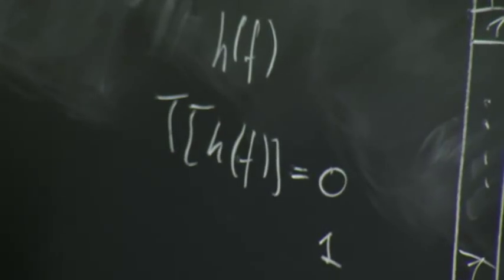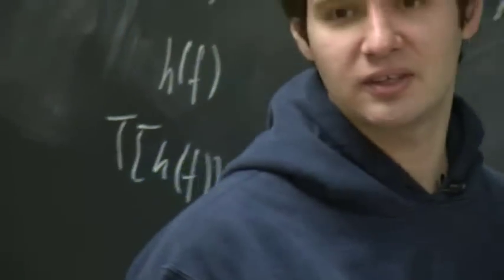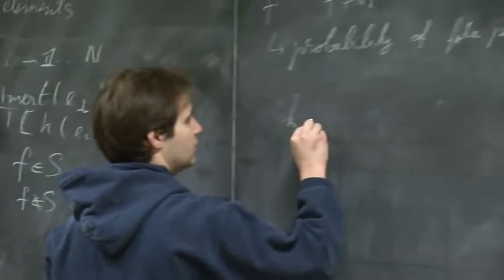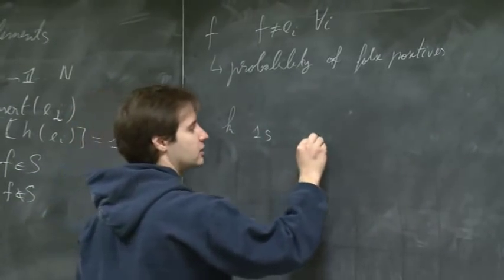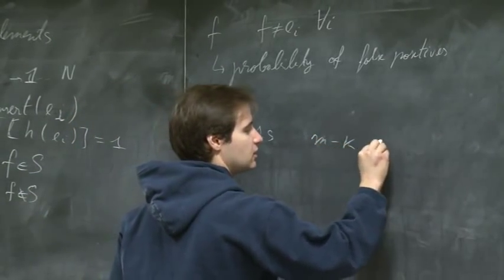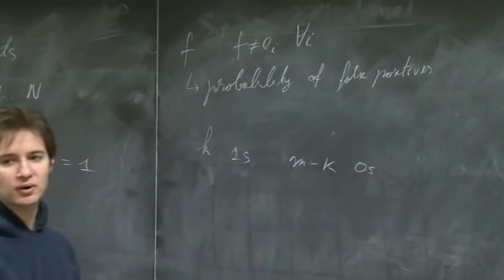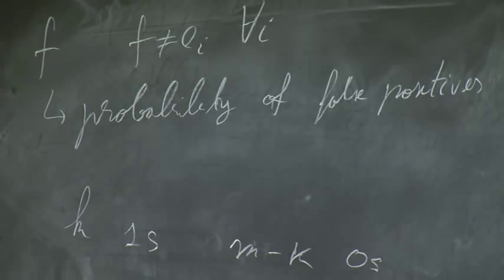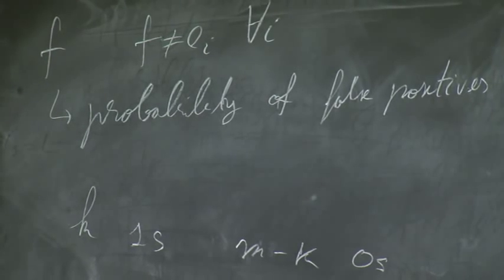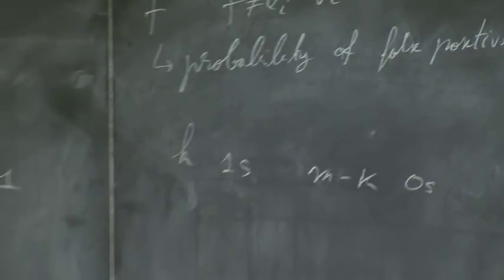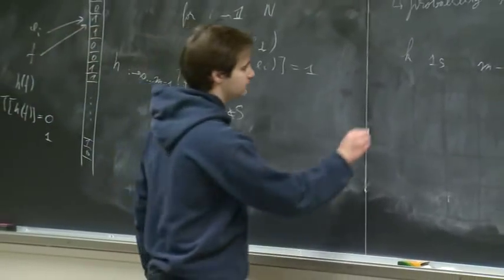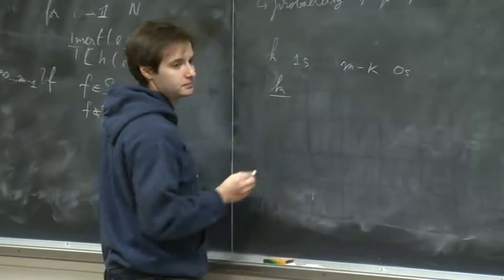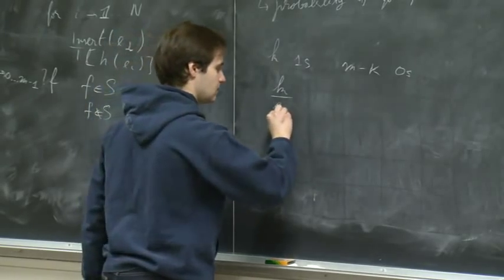If I knew how many ones I have in the table, if I have k ones in the table, and automatically this means m minus k zeros, then what's the probability that h of f will point to a 1? K over m. Yep.